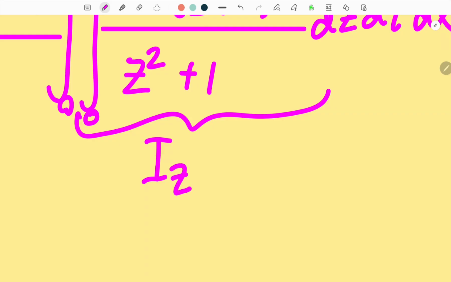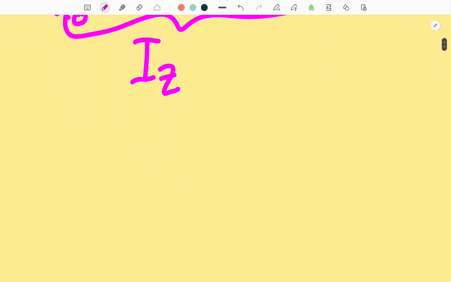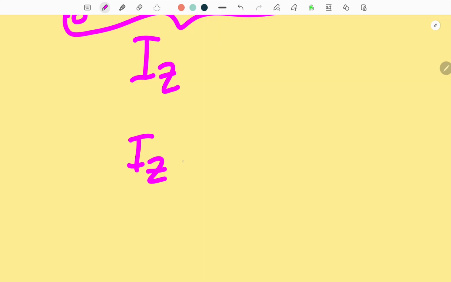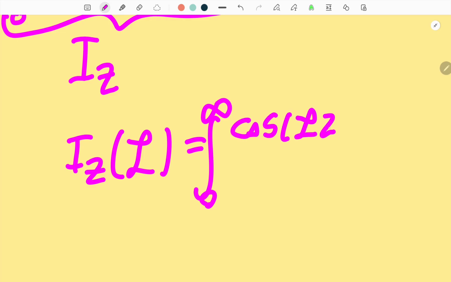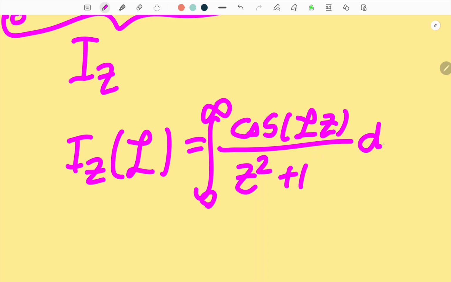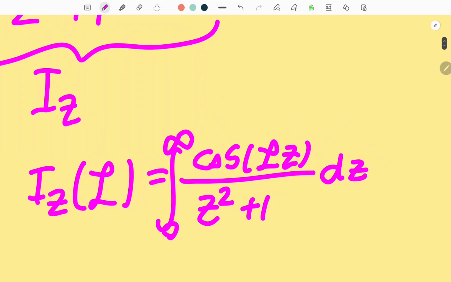Now, the next thing I want to do is define a function I sub z of L, where this integral equals the integral from 0 to infinity of cosine of Lz divided by z squared plus 1 dz. The reason I want to do this is because I want to take the Laplace transform of this integral.